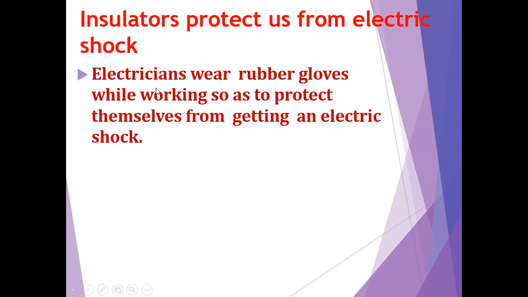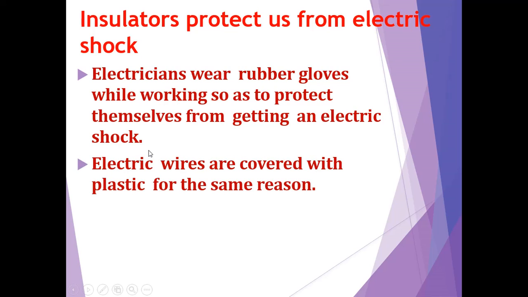First, electricians wear rubber gloves. Rubber is an insulator which will not allow the electric current to pass through. So electricians wear rubber gloves while working, to protect themselves from getting an electric shock.